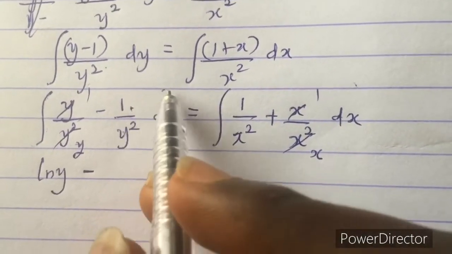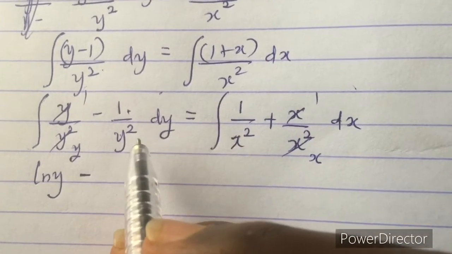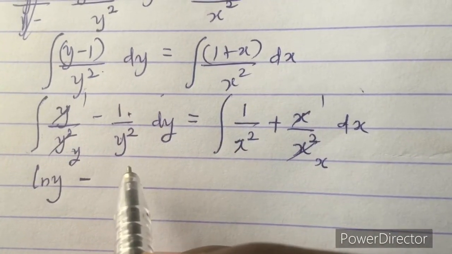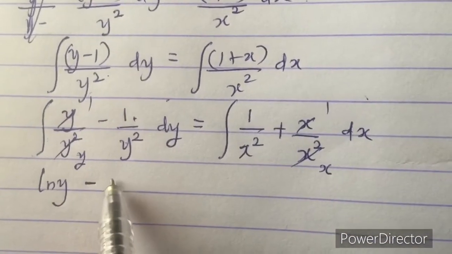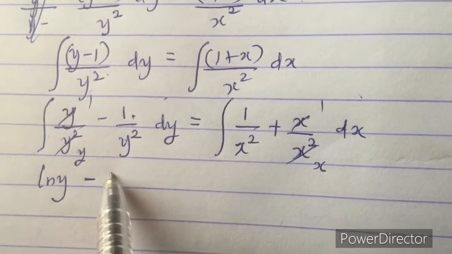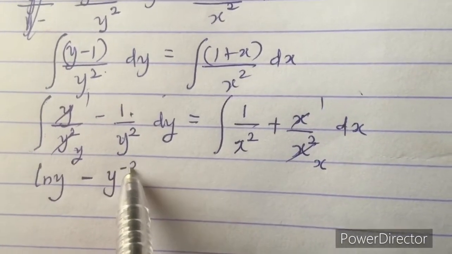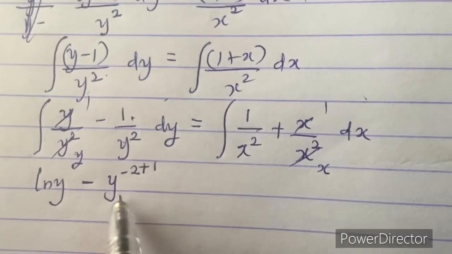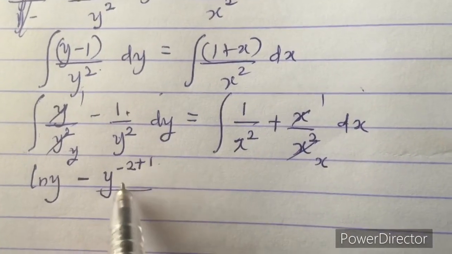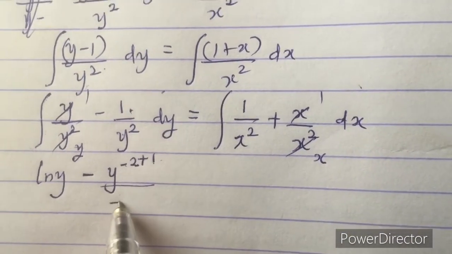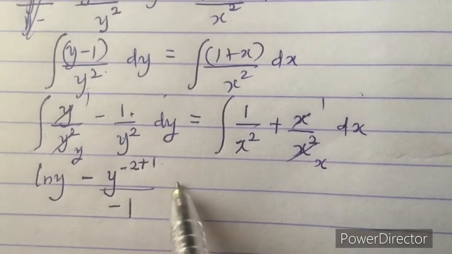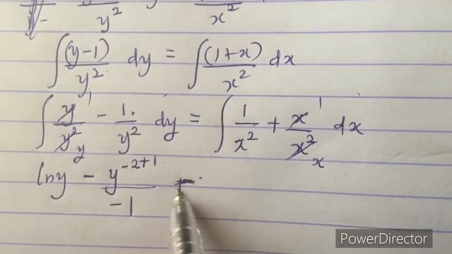If we integrate y raised to power minus 2, we add 1 over minus 2 plus 1, which will be y raised to power minus 1 over minus 1, plus c. Okay, let's go on.